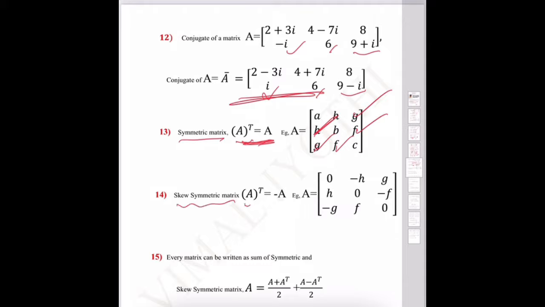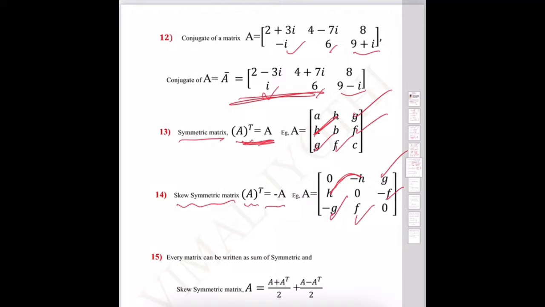A transpose equal to minus A, then A is said to be skew symmetric. Let A be a matrix, then A is said to be skew symmetric. These two are on opposite sides. Magnitude is same but opposite sign. These two are on opposite sides. Then A is skew symmetric.